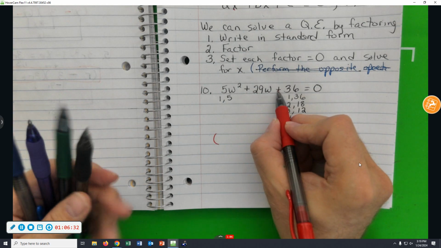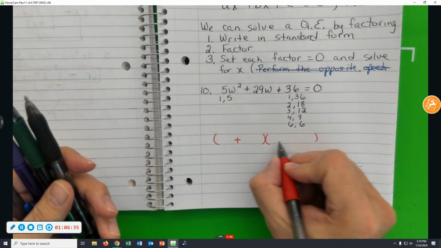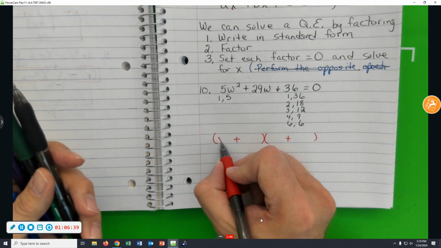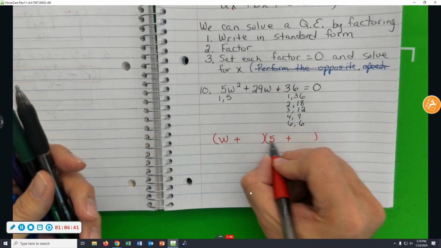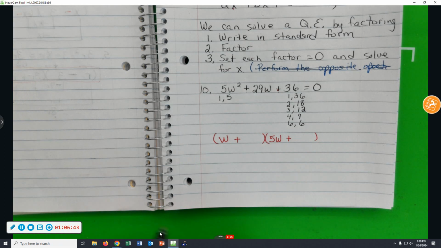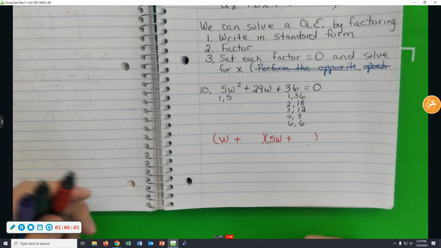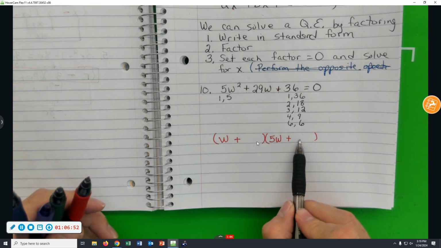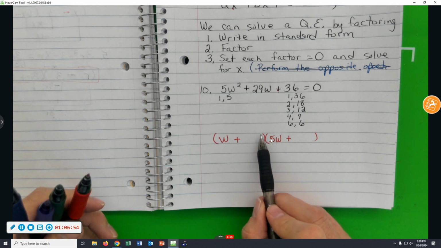Plus. Second sign is plus, so 2 of the first sign. And we know the variable part for the first thing. We know the letter's going to be a W, 1W and 5W. I can play it out in my head, and I know 6 and 6 isn't going to work. If we put a 6 here and a 6 there, remember, what are we going to have to do to the outer and inner?